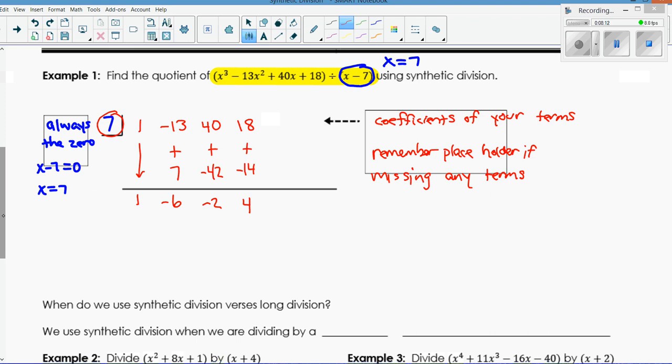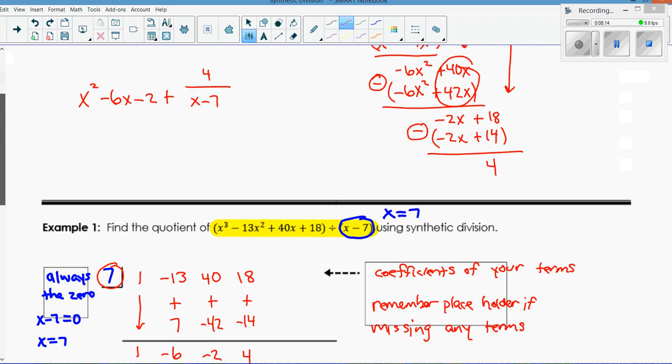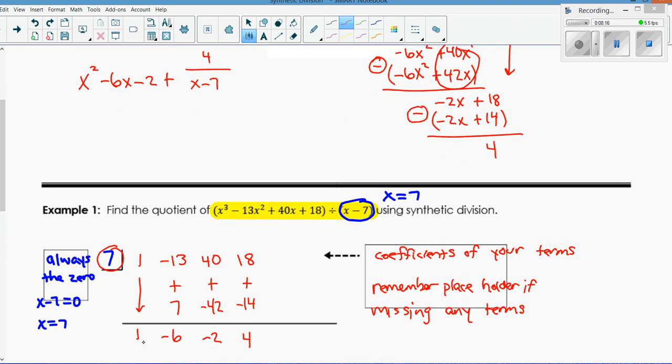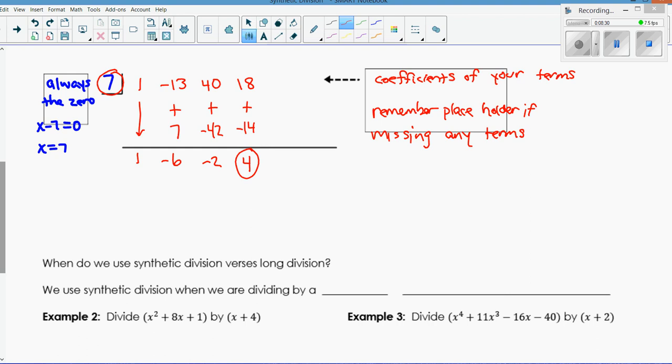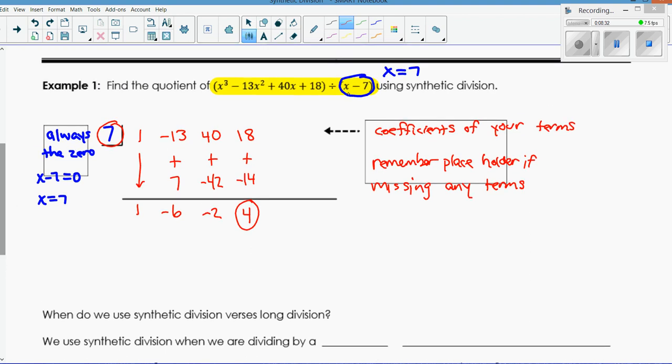Okay, and now look at what you have right here. I have a 1, that's my x squared. I have a negative 6, that's my negative 6x. I have a negative 2, that's my constant. Whatever you are left with right here, that's always your remainder, which is my remainder that I got up above too. Okay, so because I'm dividing by a linear term, so because I'm taking x to the third in this whole polynomial and I'm dividing it by x, that means I'm losing one of my powers.